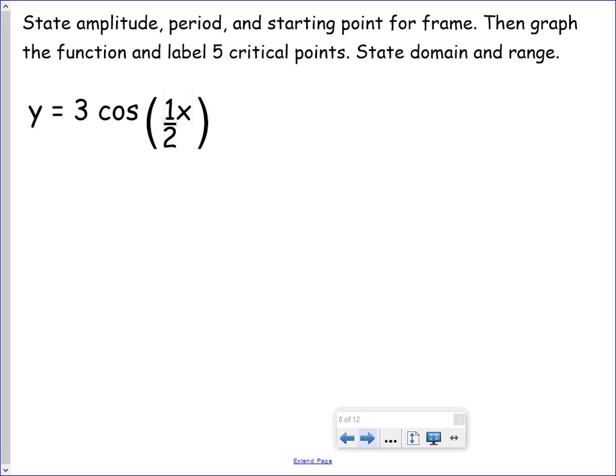Lean to your partner sitting right next to you. Share your amplitude, period, and starting point. What do you guys get?